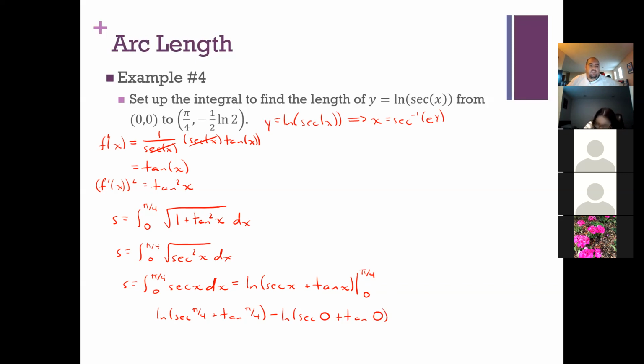All right, so what is the secant of pi over 4? Just a reminder, secant is related to what other more familiar trig function?